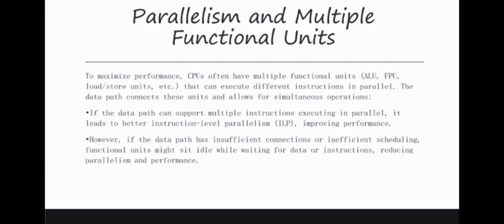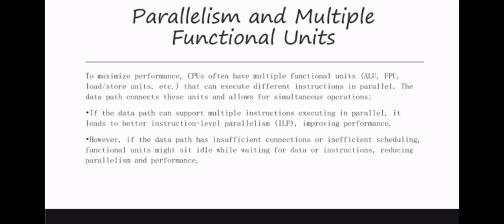Parallelism and multiple functional units. To maximize performance, CPUs often have multiple functional units, ALU, FPU, load-store units, etc., that can execute different instructions in parallel. The data path connects these units and allows simultaneous operations.